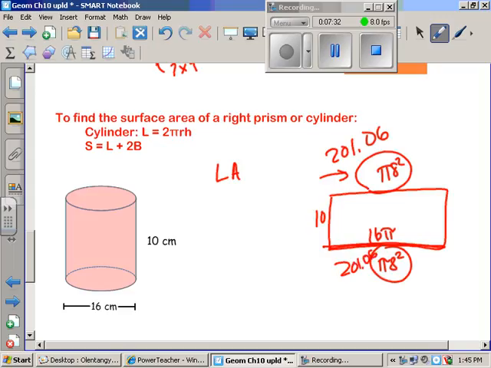The lateral area is 10 times 16 pi, and that's 502.65. Then I add them all together.